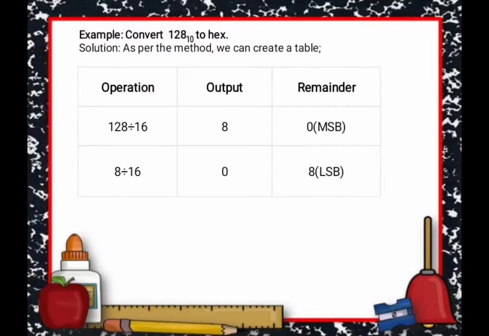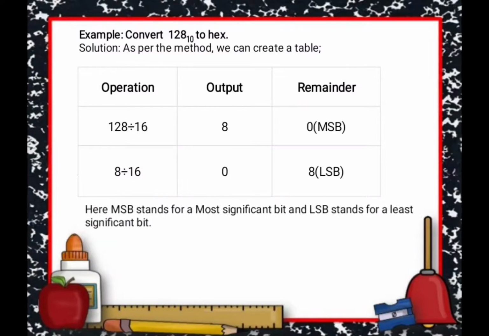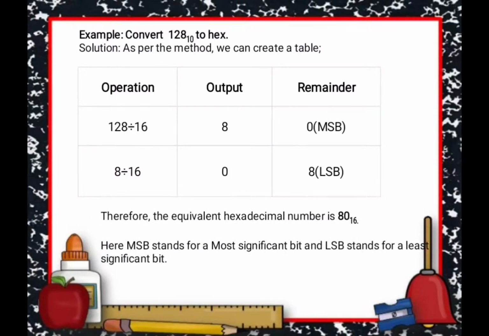Alright, very good. So now the equivalent hexadecimal number of 128 decimal number is 80 hexadecimal. If you ask why it became 80, we get that 80 from the remainders, and we listed it from bottom to top. So we have 8 and 0.